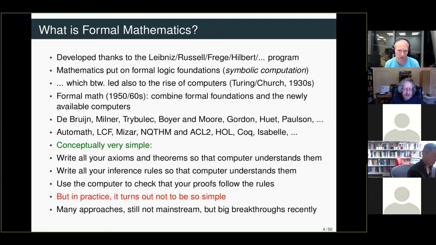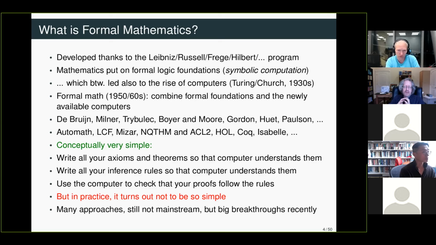These people like De Bruijn, Milner, Trybulec, Boyer and Moore, Mike Gordon, Gérard Huet, Larry Paulson, and they created all these systems like Automath, LCF, Mizar, NQTHM, ACL2, HOL, Coq, Isabelle, etc., where they really tried to formalize mathematics, and they really progressed.